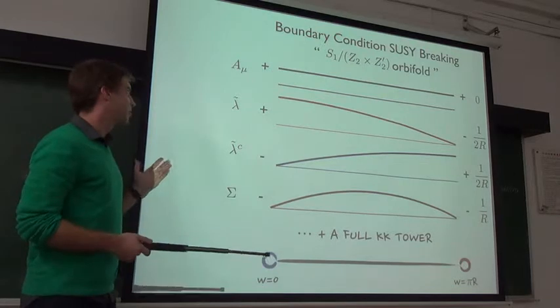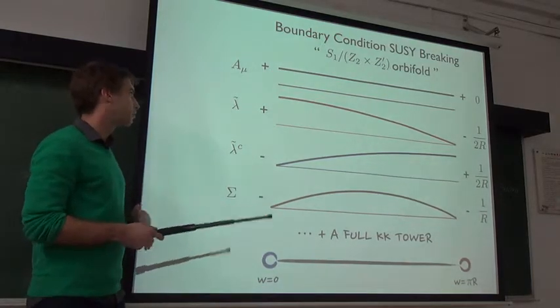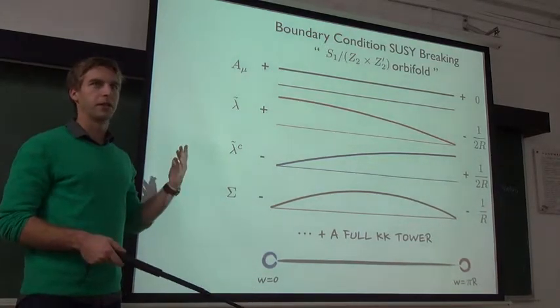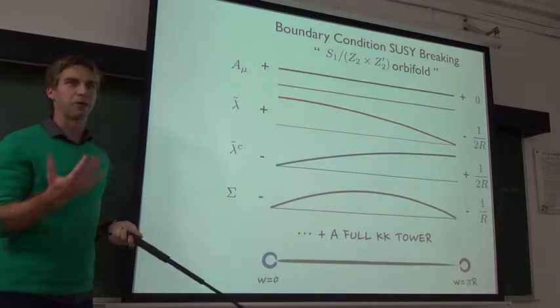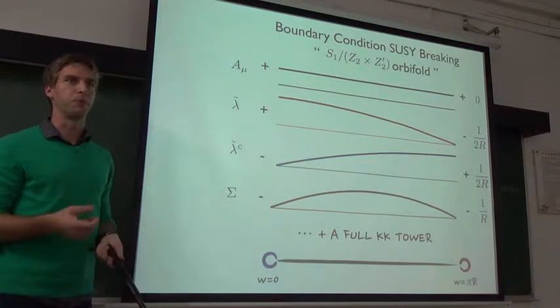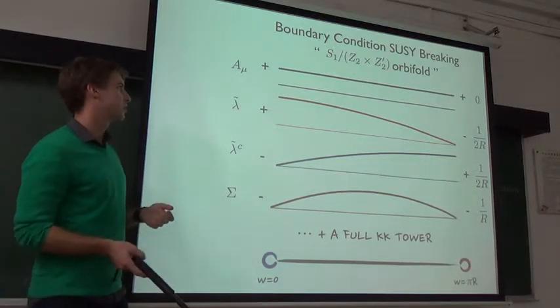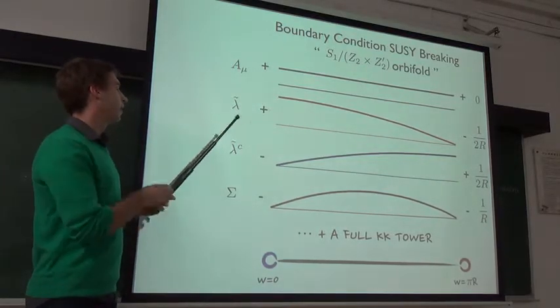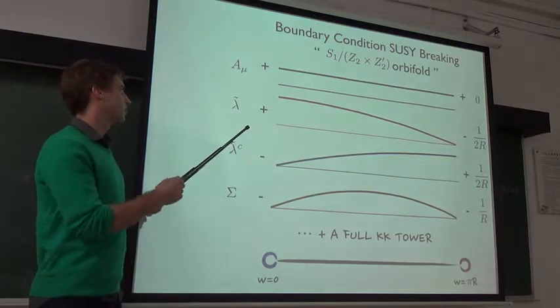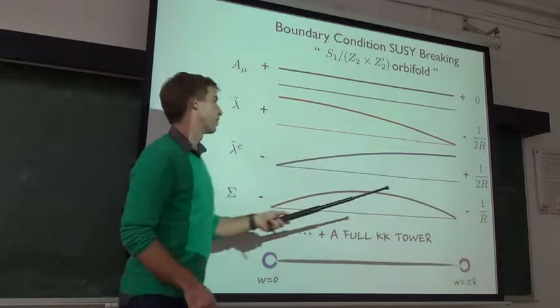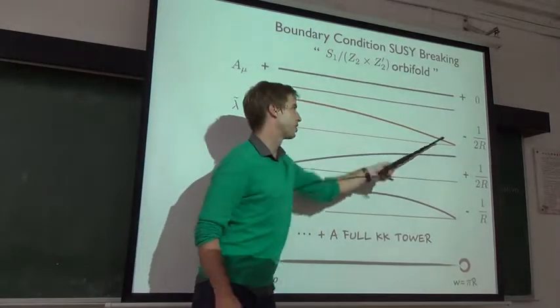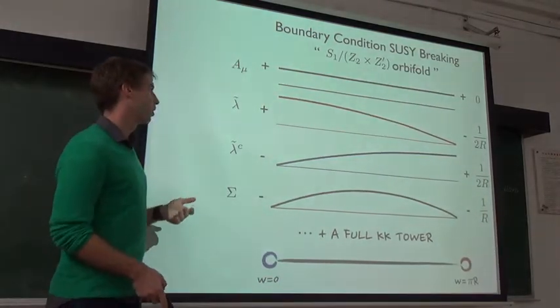Then I would also like to have a superpartner of the photon, a gaugino partner, but I would like it not to be massless because I want supersymmetry to be broken. So I can choose boundary conditions so that its mass is lifted from 0: it's even here but vanishing here, so its first state is at 1 over 2r.